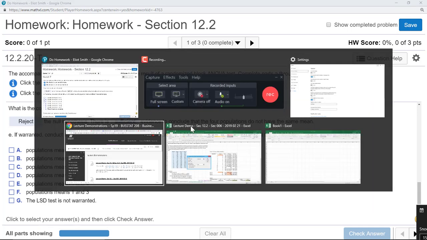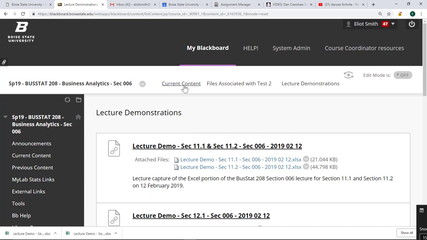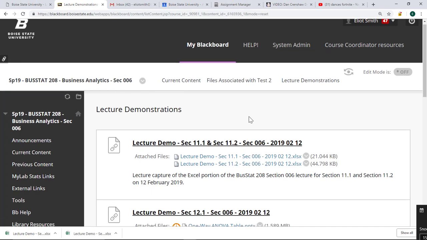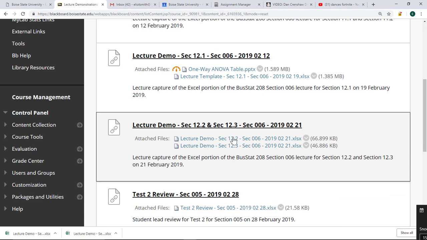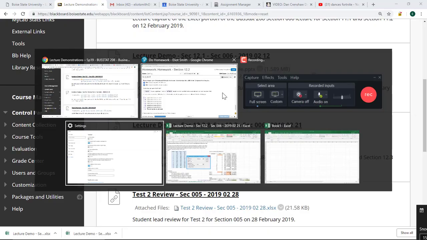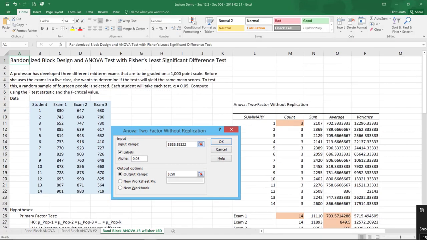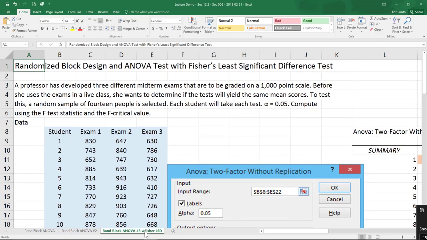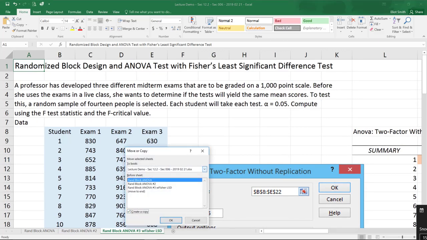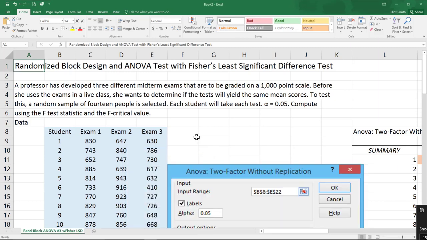So here on Blackboard, under current contents, files associated with test 2, lecture demonstration, I'm going to grab this lecture demo 12.2. I've already grabbed it. I have it here. So I'm actually going to copy this to a new book because I don't want to ruin the original.